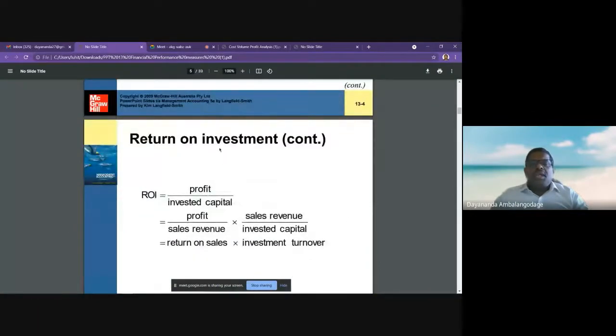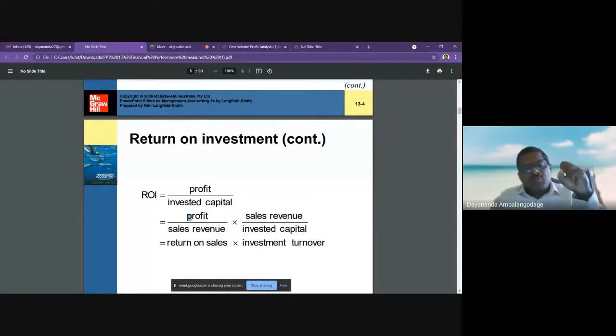So return on investment, I would say, has two elements. One is the profitability. Profitability is profit divided by sales revenue. This is called the profitability ratio. How do you calculate it? Profit divided by sales revenue.